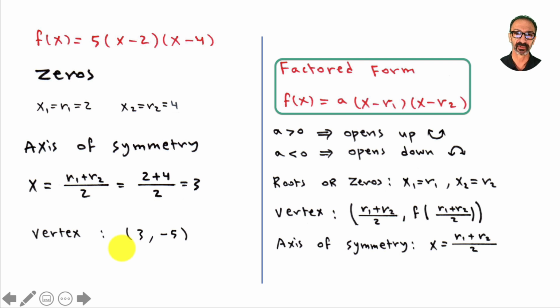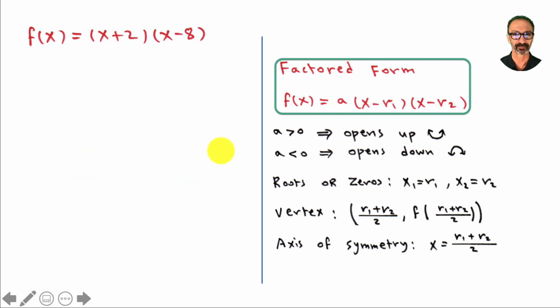Let's take one more that is not always minus minus. Here's a +1. A is 1, opens up. The first root is -2, because that's supposed to be x minus -2 to compare to this. And the second root is 8. So the zeros will be -2 and 8.